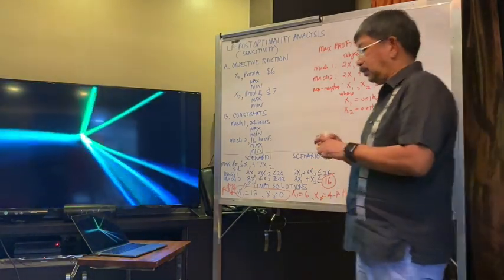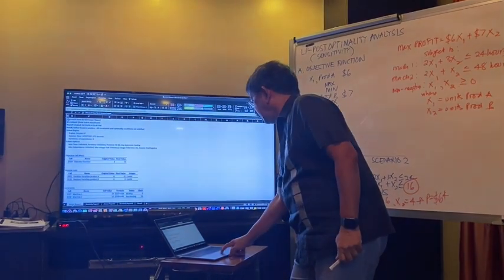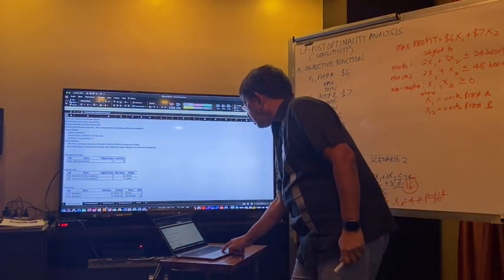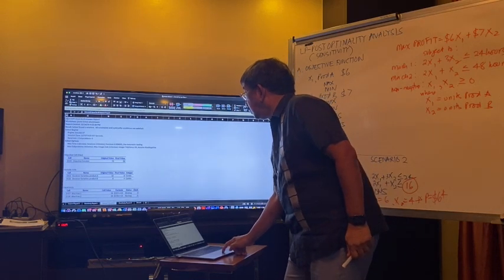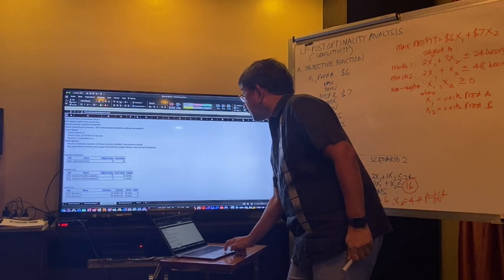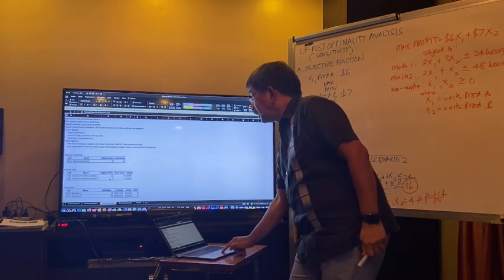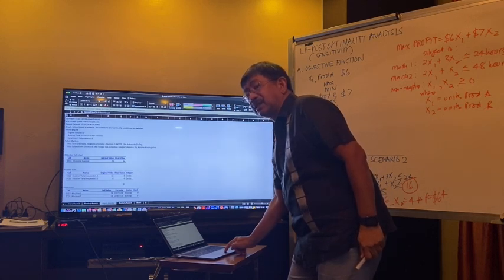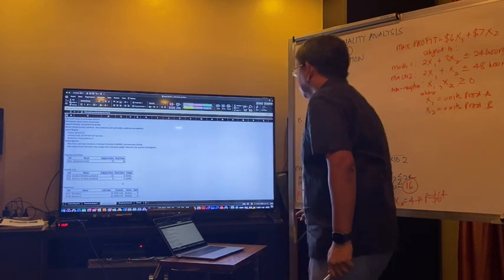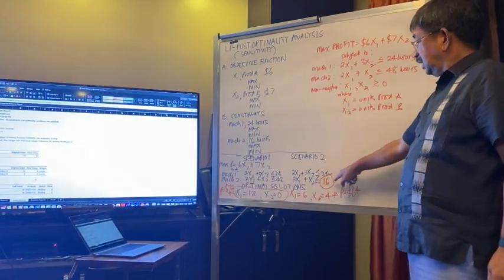So look at this. 72, if I change it, it will become 64. And look at the final value. From the original optimal solution of 12 and 0, the new optimal solution will be a 6 and 4 mix, if I just change the constraint of machine 2 from 48 to 16 hours.